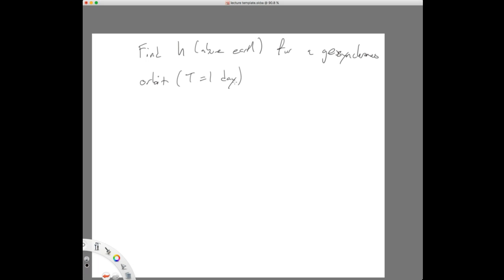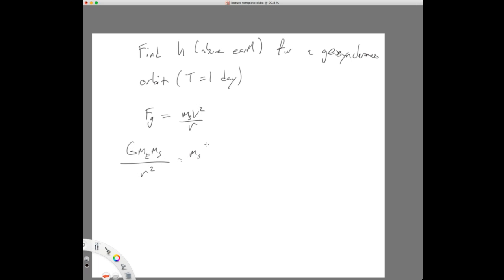So we know that the force of gravity is equal to m times v squared over r, and this is going to be the mass of our satellite. So using Newton's equation, that's G times the mass of the Earth times the mass of the satellite over r squared. This is equal to the mass of the satellite times v squared over r.